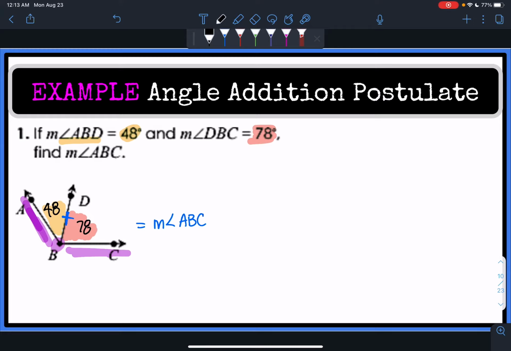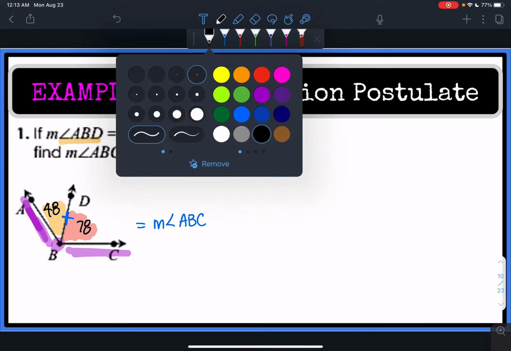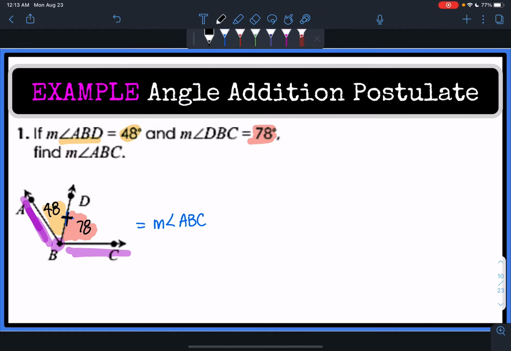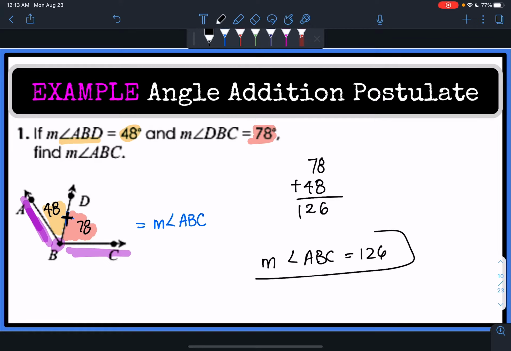So adding those two is going to equal the measurement of the purple, the entire angle. So, well, 78 plus 48. That's equal to 126. So the measurement of angle ABC is equal to 126 degrees.